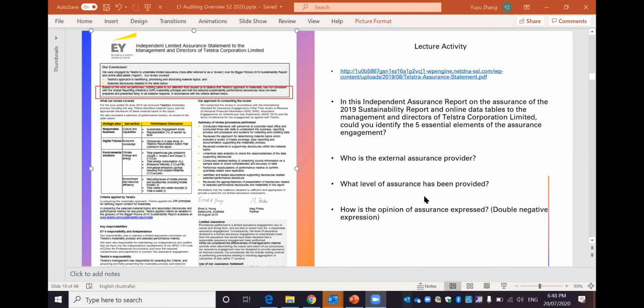What level of assurance has been provided? Limited. How do you know it is limited?